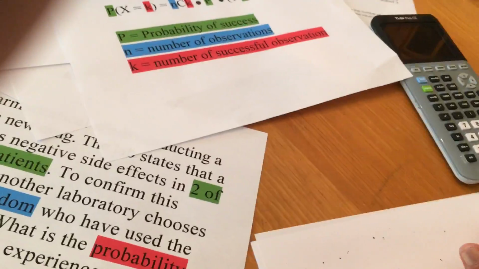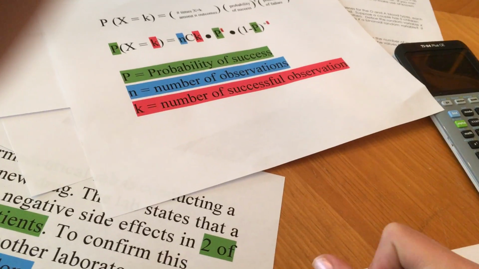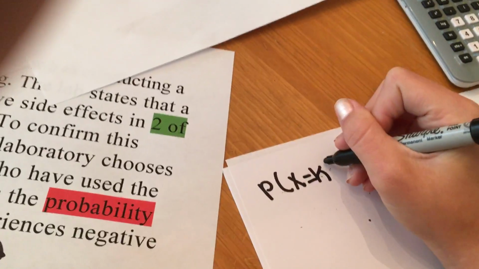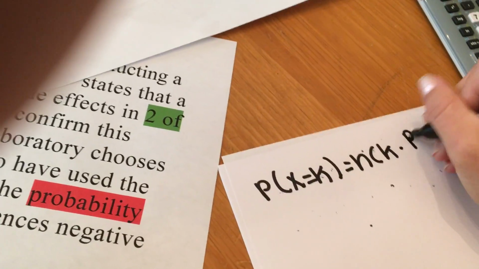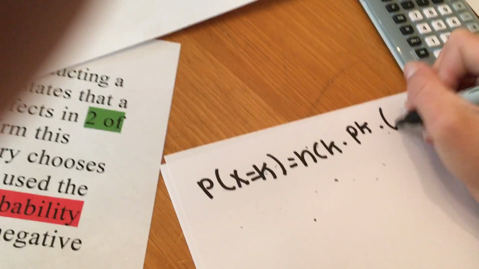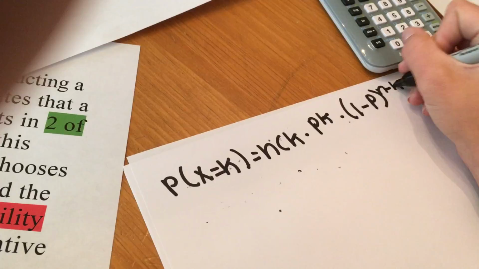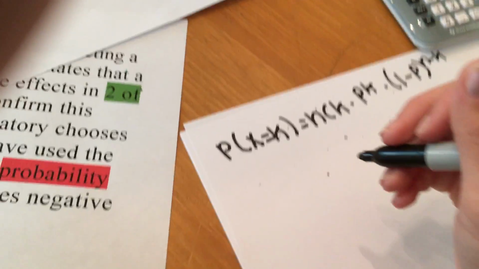And I find it easier to just rewrite the equation. So you will have P(X = k) equals n choose k times p to the power of k times 1 minus p to the power of n minus k. And remember, we have to memorize this equation because it will not be given to us on the test.